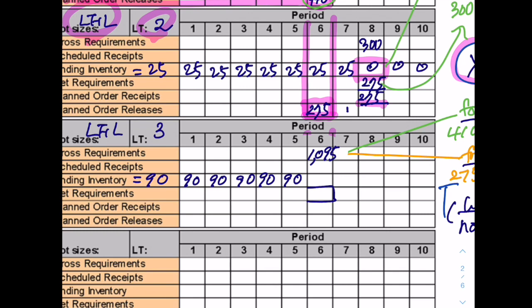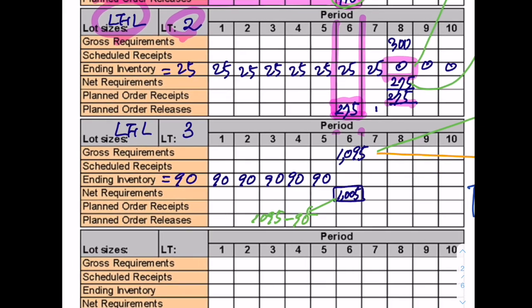So what is net requirements? Since we have 1095 demand, but since we already have 90, what is the net requirements? The net requirement is just 1005. So 1005.